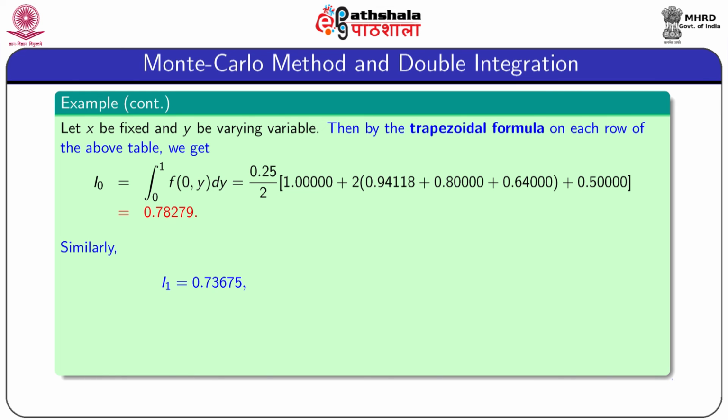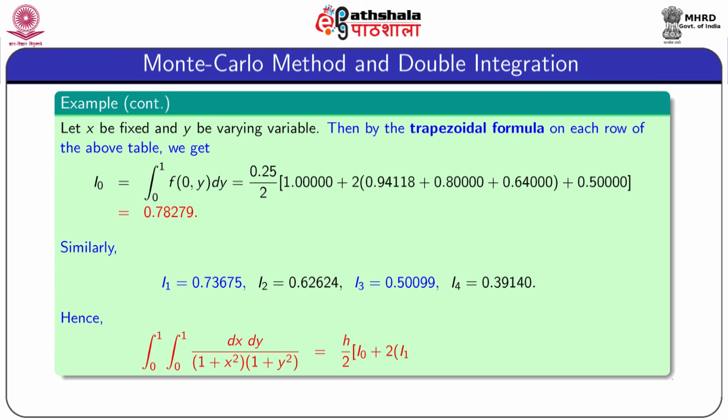Similarly, I1 equal to this value, I2 equal to this one, I3 is this, I4 equal to 0.39140.